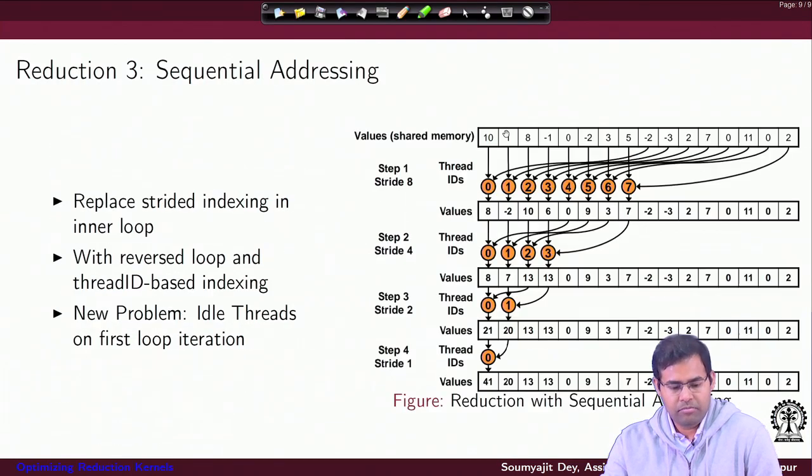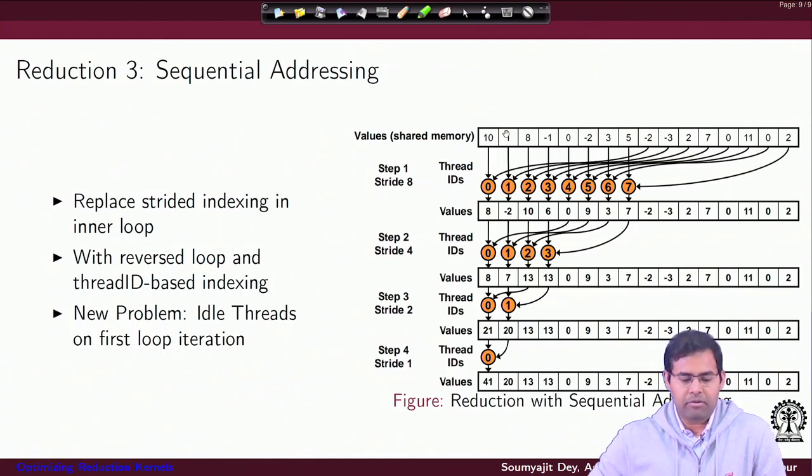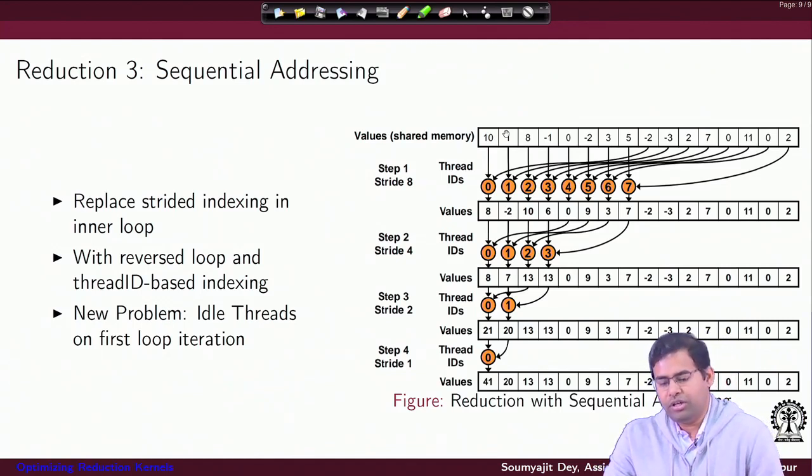So how can this be modified? It can be modified by doing sequential addressing. So you don't go from a stride value equal to 1 and keep on increasing the stride, but rather you keep on decreasing the stride. Now how does this help?